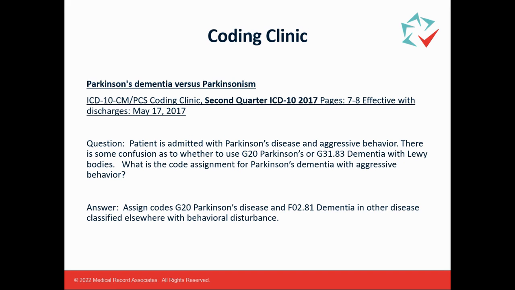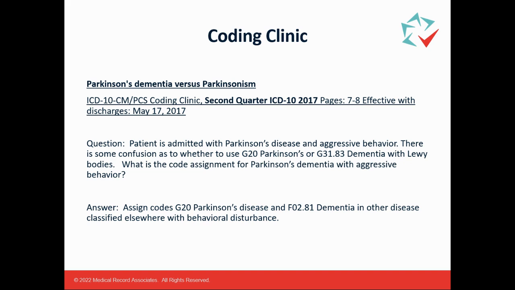And we have a coding clinic regarding this same situation, Parkinson's dementia versus Parkinsonism. And it's second quarter 2017, pages 7 and 8. And our question here is, patient is admitted with Parkinson's disease and aggressive behavior. There is some confusion as to whether to use G20 Parkinson's or G31.83 dementia with Lewy bodies.